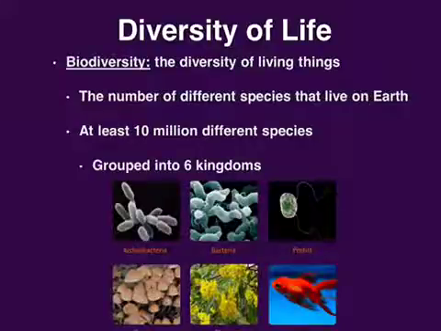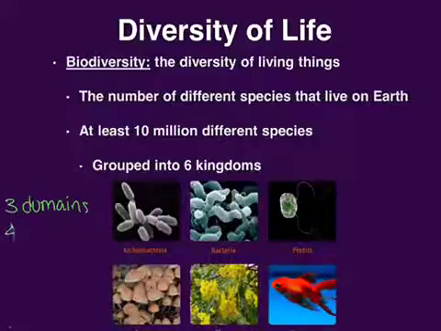So life is very diverse, and we call this biodiversity. And it has to be very diverse because of all the different places where life can exist. There's at least 10 million different species, and they get grouped into, let's say, 3 domains and 4 kingdoms.